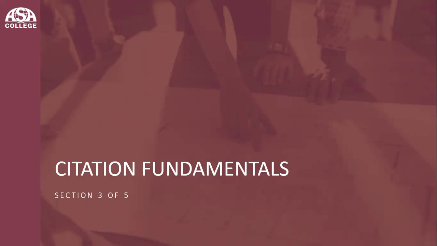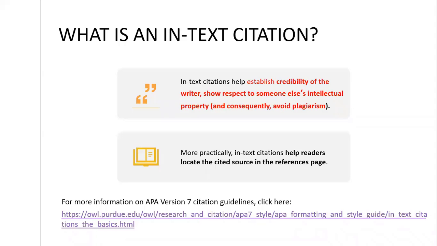So now that we have our article, now that we have what we need, one of the questions that some of you might have is, what is an in-text citation? An in-text citation, or sometimes just referred to as a citation, is simply a marking in your sentence that helps to show that you are giving credit to someone else.